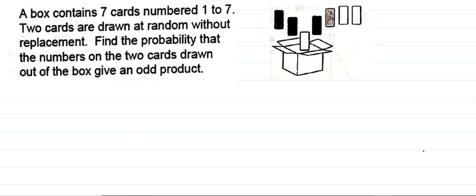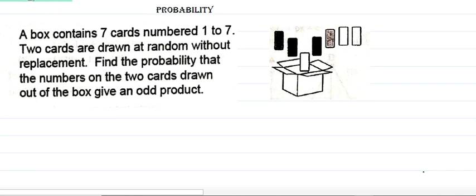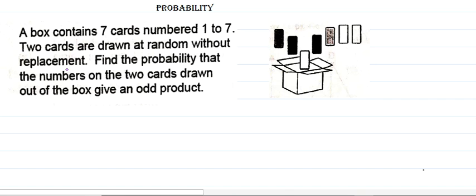Okay, let's look at this question in probability. Now remember, in probability there are different types of questions that we can get, so we must be prepared for the different scenarios.